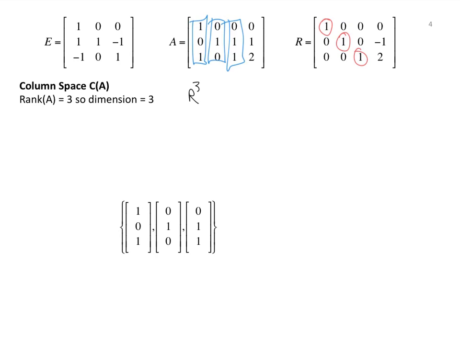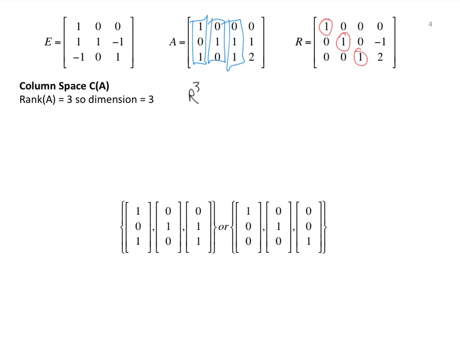So we're sitting in 3 space. There are 3 basis vectors in this column space, and so we could also use the standard basis. Okay, so the standard basis would be fine because the span of both of these 2 sets is identical.